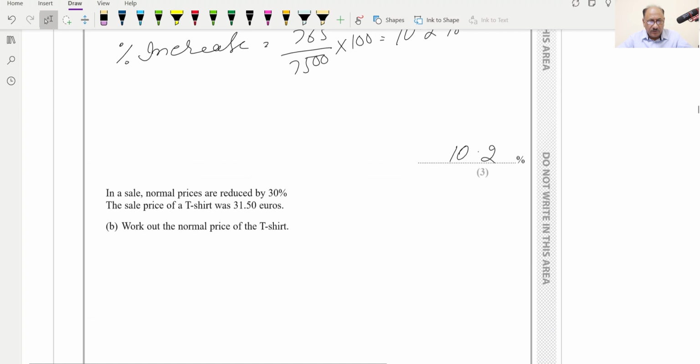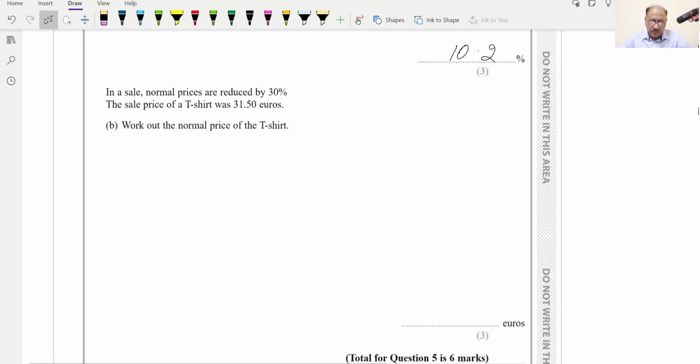Now part B. In a sale, normal prices are reduced by 30%. The sale price of a t-shirt was 31.50. Work out the normal price of the t-shirt.